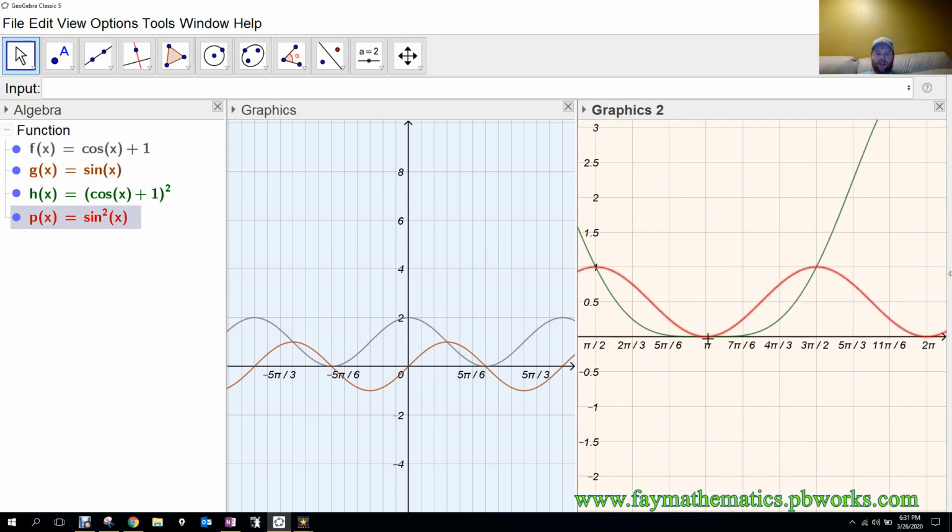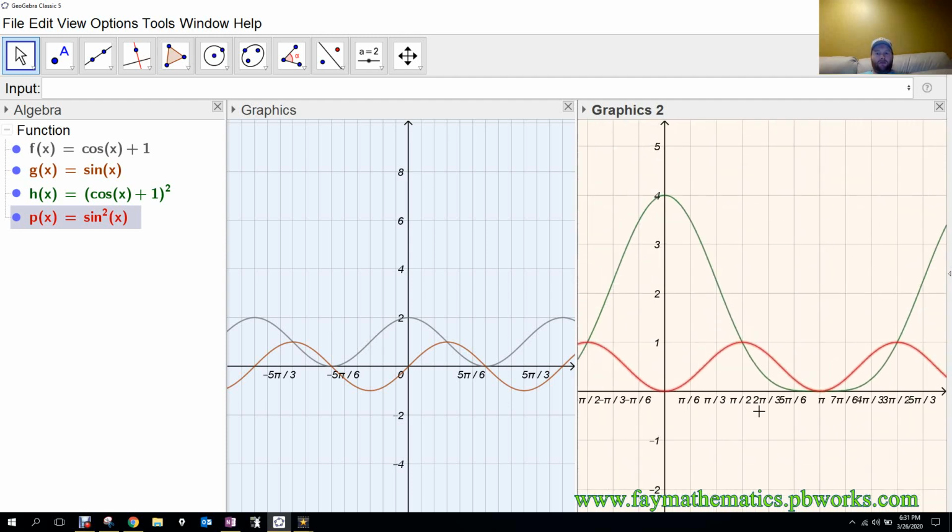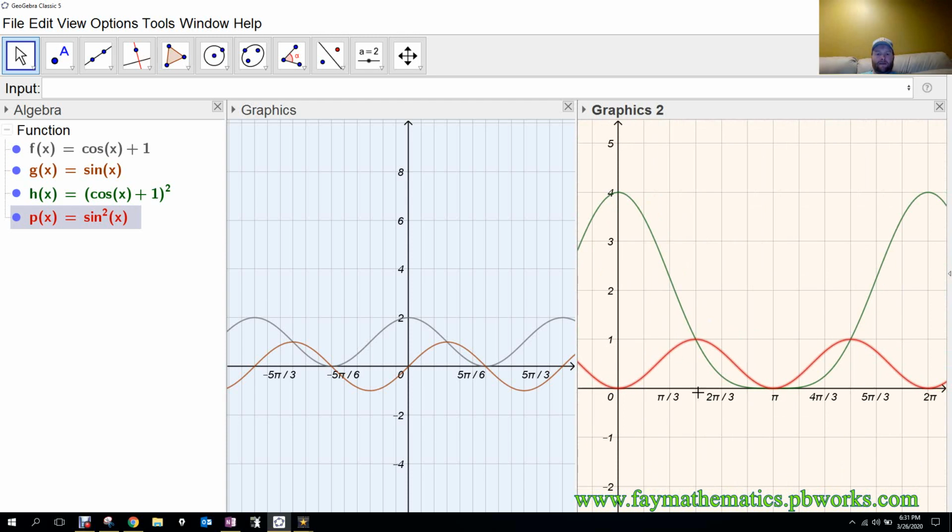Now over here, you see the intersection at pi over 2. You also see the intersection at pi, but now you see the intersection at 3 pi over 2. So when we square something, we generate a situation where these curves could potentially intersect more times than what the solutions to the original equation should be.